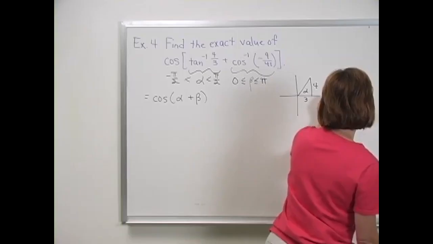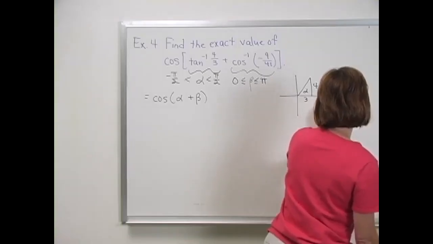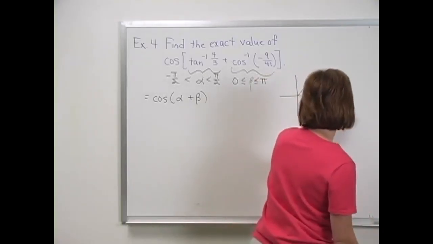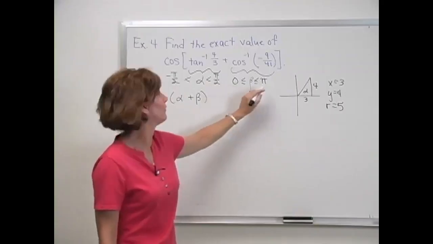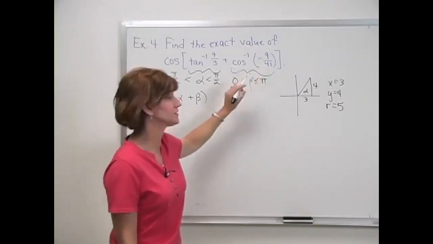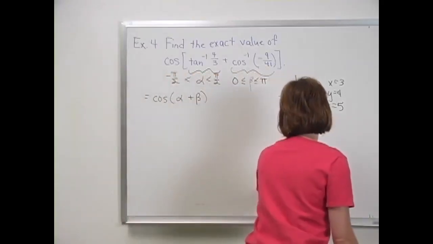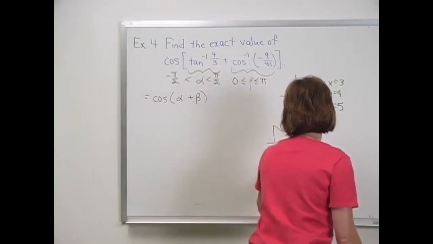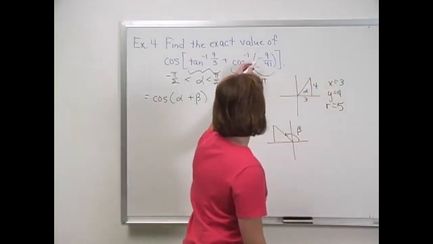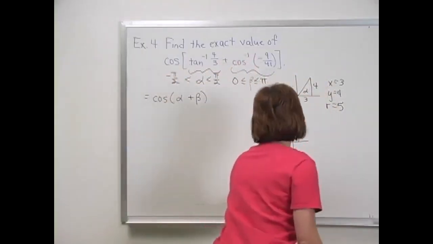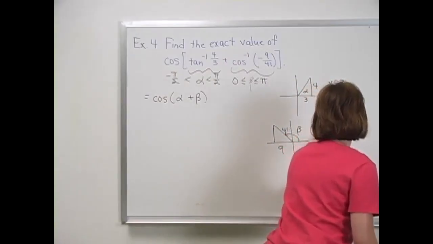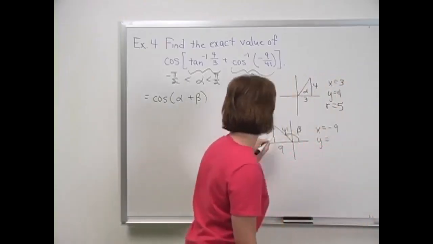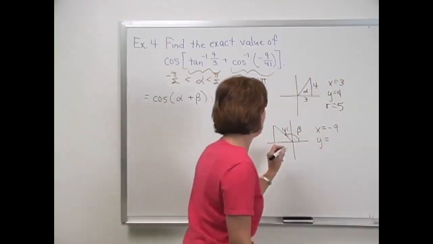And again, we can use the Pythagorean theorem to find the third side, which would be 5. And we'll do the same thing for beta. Beta lies between 0 and pi. This number is negative, so we know it lies in quadrant 2. Cosine is x over r, so the side is 9, the side is 41. And again, we use the Pythagorean theorem to find the third side. Turns out to be 40.